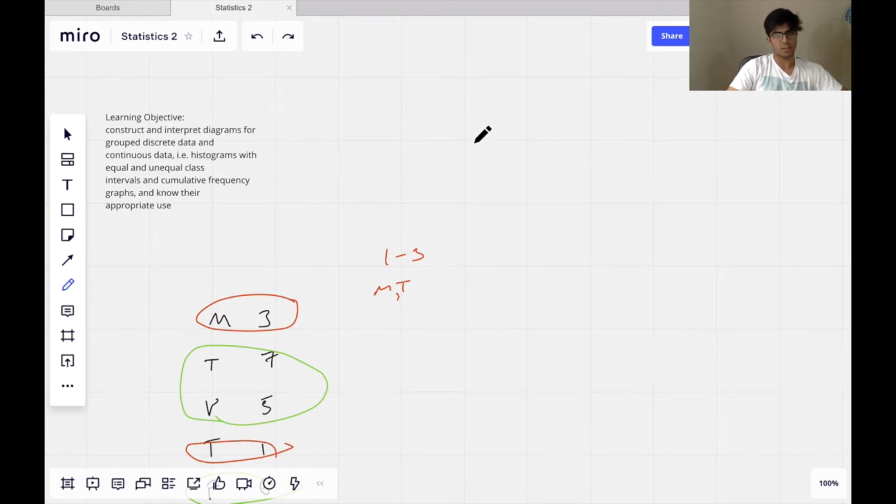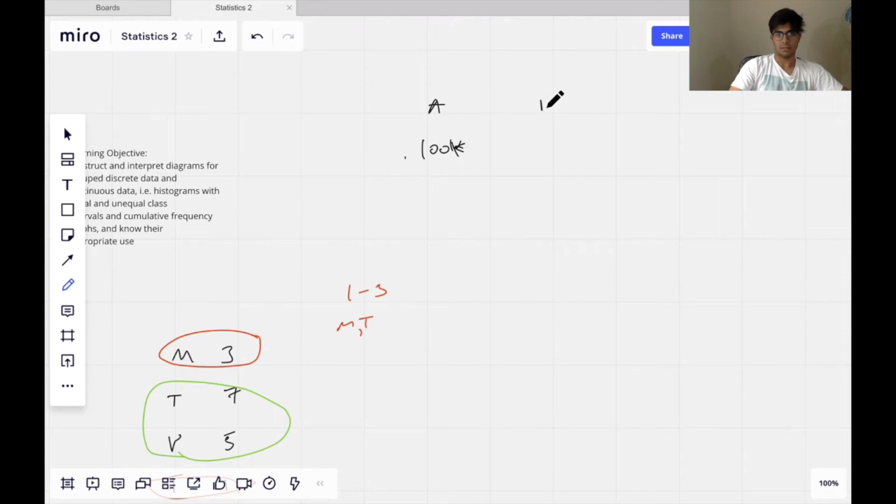So if you looked at the money people had, you could have people earning a certain salary in a year. Say A is earning £100,000 in a year. Let's say we've got A, B, C, D, and E. B's not working right now.